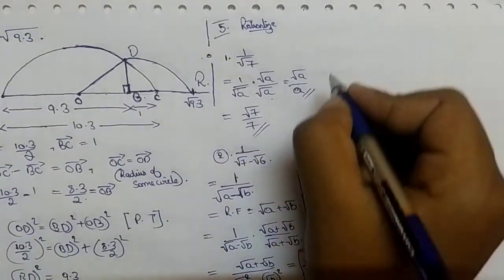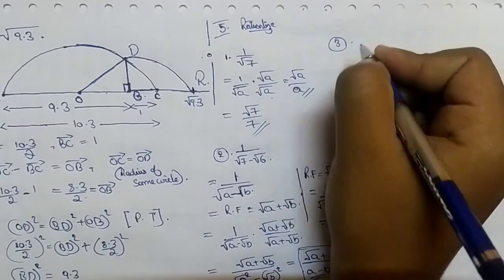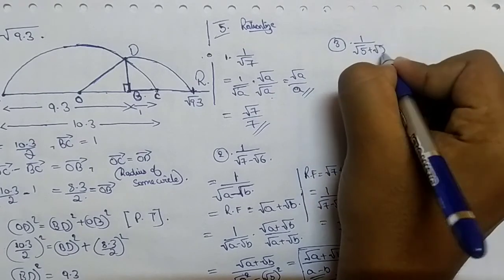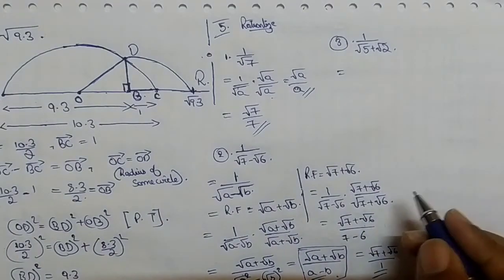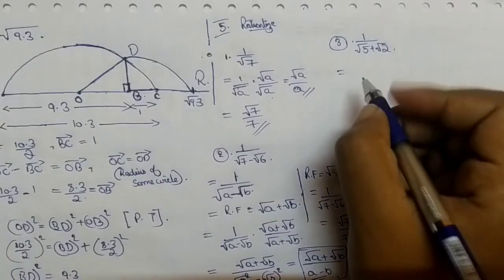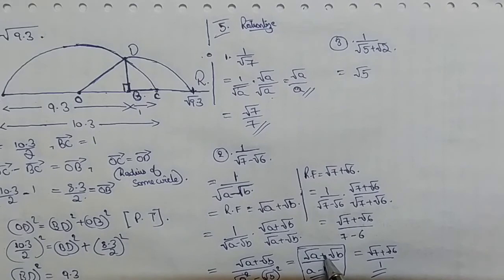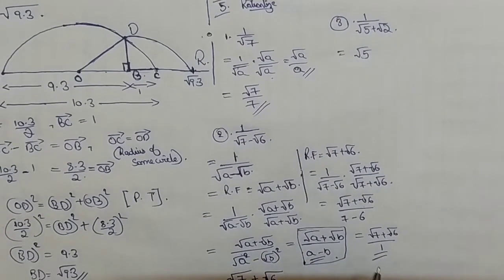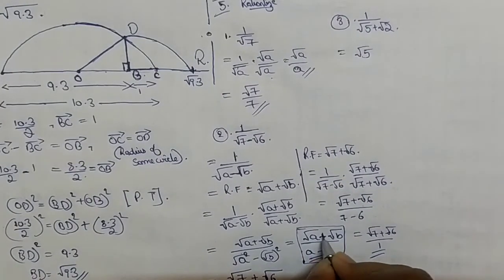Hope you will remember. Going to the third one, there are only 2 more left. The third one, 1 by root 5 plus root 2. Just remember this one. Root a is our root 5, here there is a plus, and see, I forgot to tell something. Here there is a minus, then the numerator is plus.